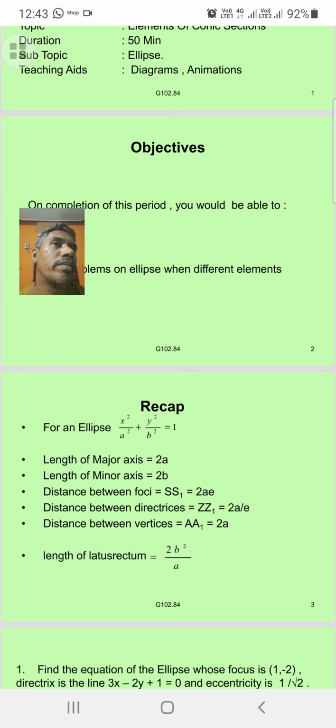If you picturize or draw the figure of the ellipse, then based on the diagram you can easily solve the question.